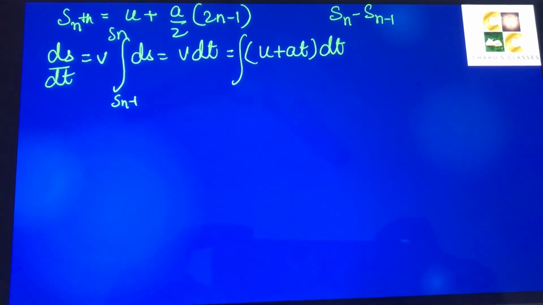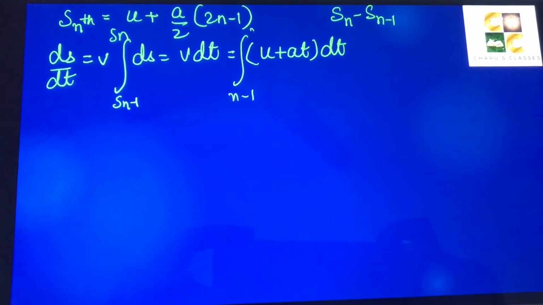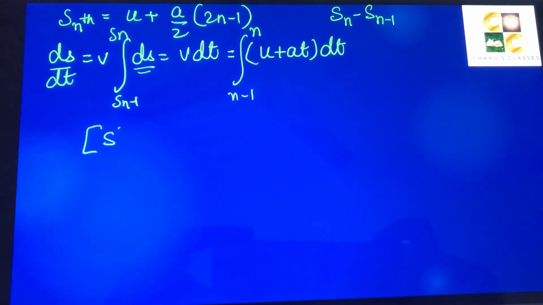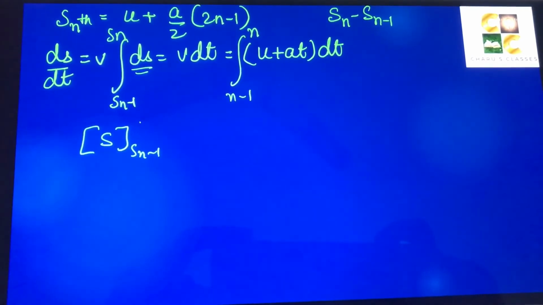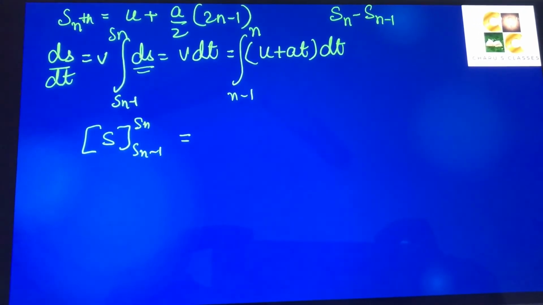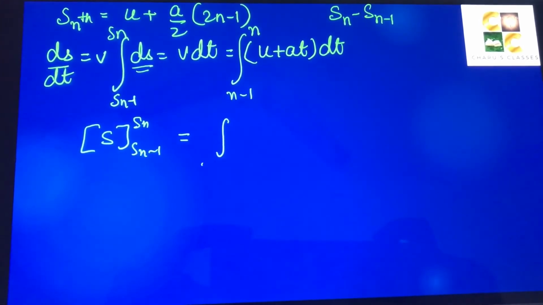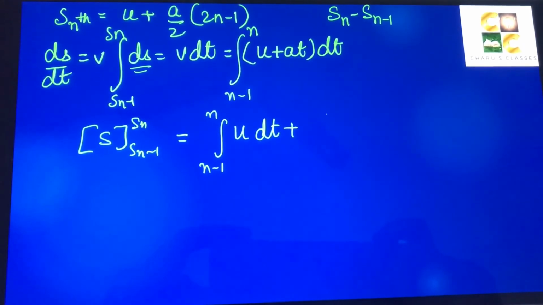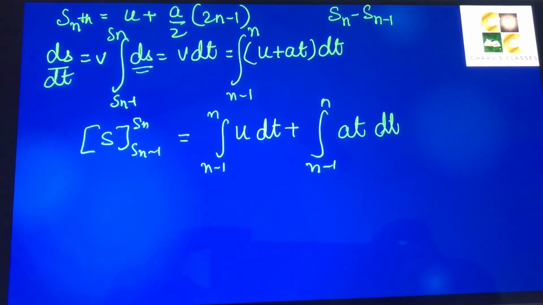And for dt, we are taking the time from n minus 1 second till n second. So integral of ds, it will come as s between Sn minus 1 to Sn is equal to, this integral we can divide it into two parts. Integral of n minus 1 to n u dt plus integral of n minus 1 to n at dt.